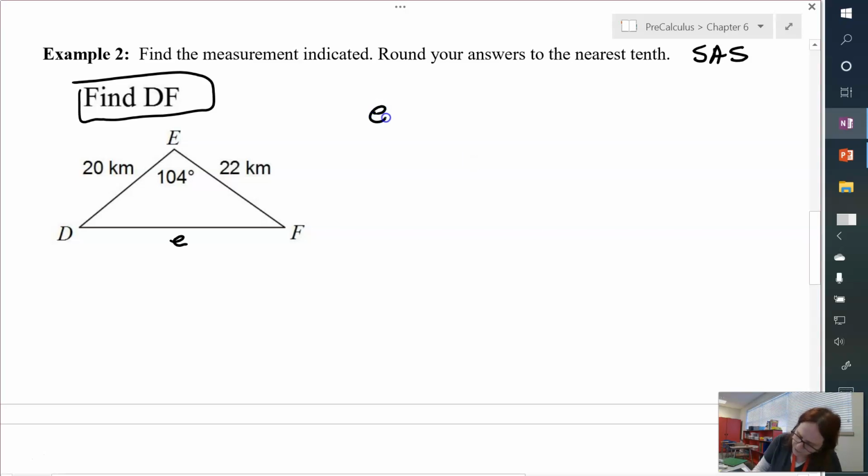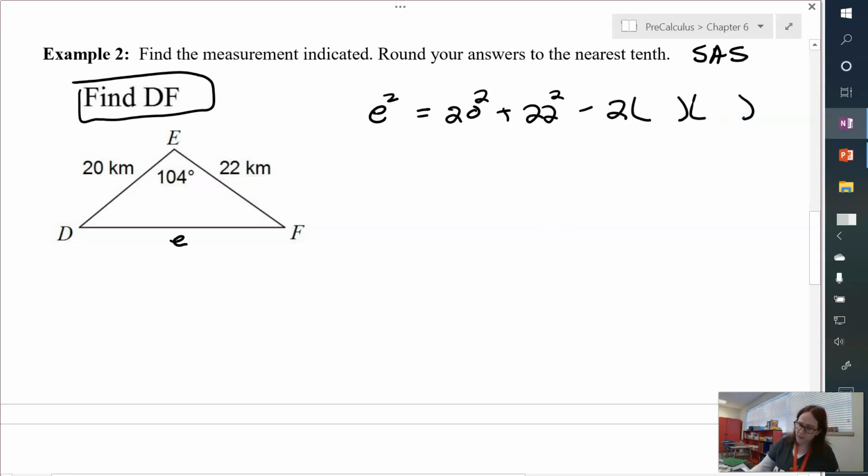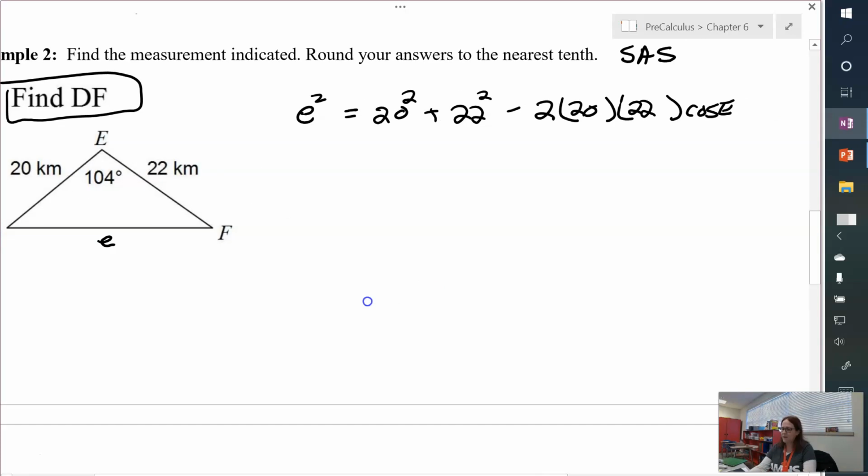Little e squared equals 20 squared plus 22 squared minus 2 times 20 times 22 times cosine of big angle E. The angle E is 104, so I'm just going to plug and chug.